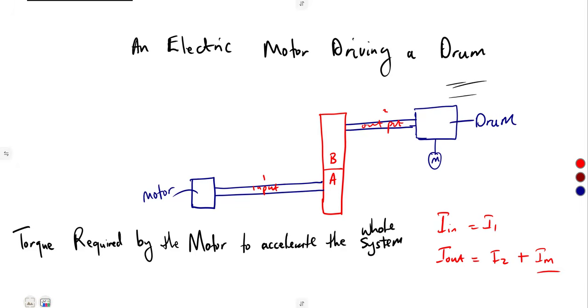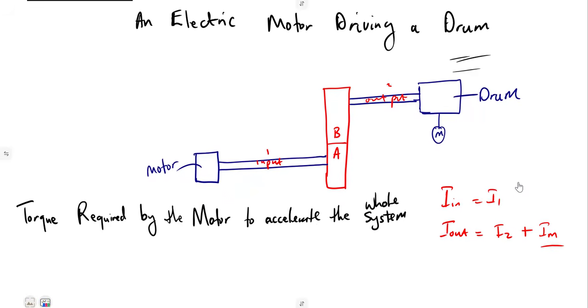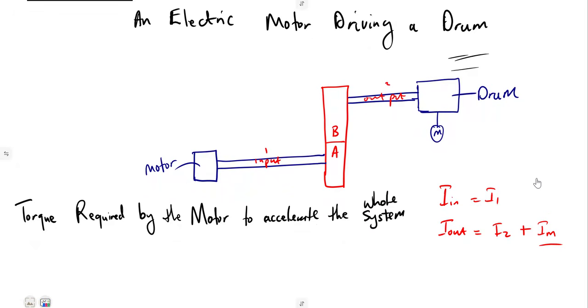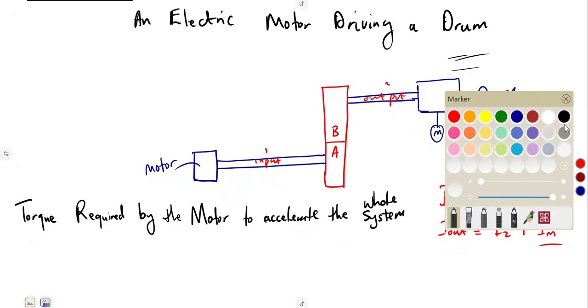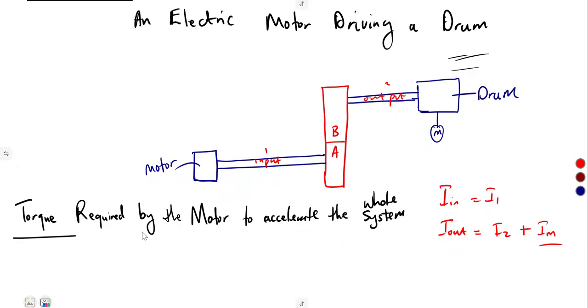So when it is like this, you are referring to the whole system. You must have the equivalent moment of inertia referred to the input because the motor is on the input.